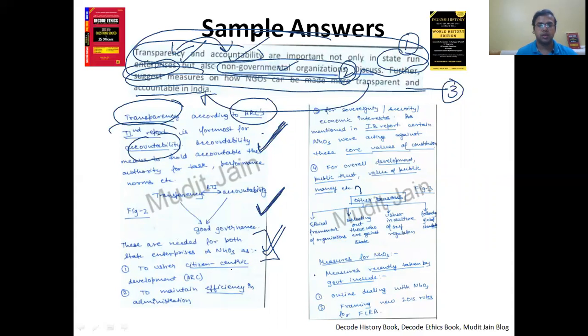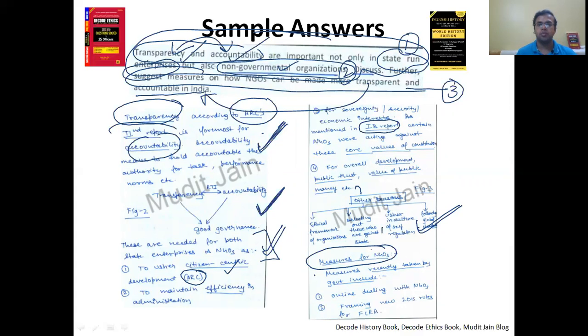But then I have written keywords like citizen-centric governance from ARC. I have mentioned a report that was quite famous that year regarding NGOs. IB had brought in a report, so I mentioned that. I've again drawn one more diagram. Then I've mentioned measures. I've made a separate heading. Here I am mentioning important measures that were in the news that year.